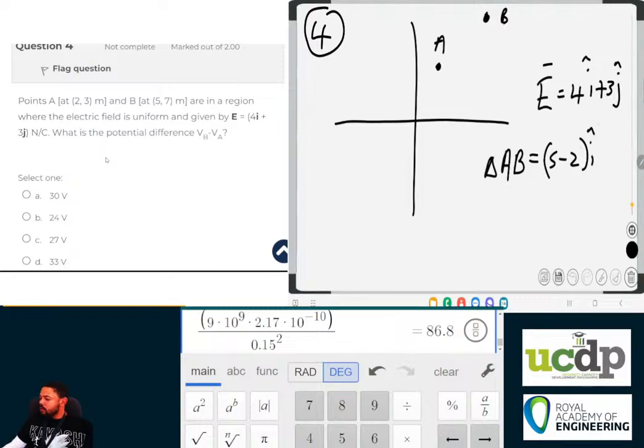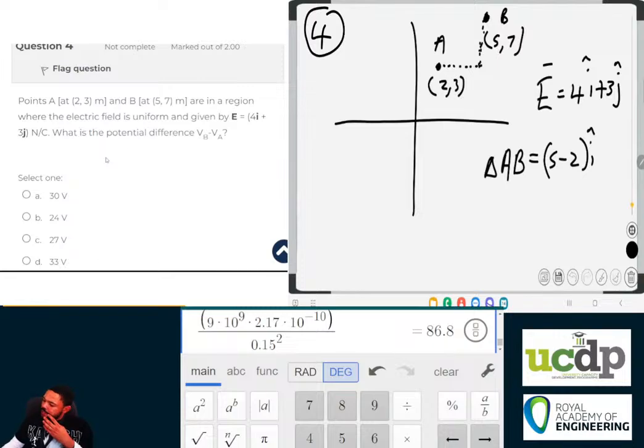This point is (2, 3), and this point is (5, 7). Okay? So I want this distance and that distance basically.